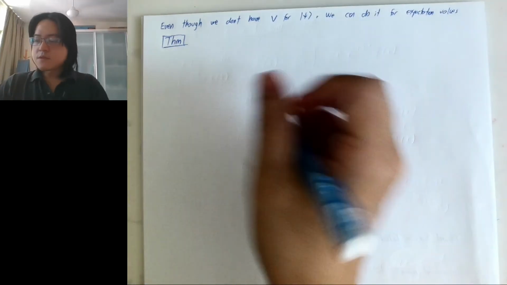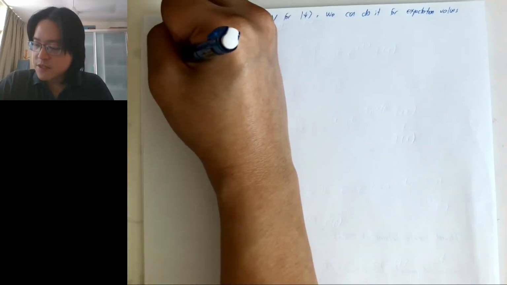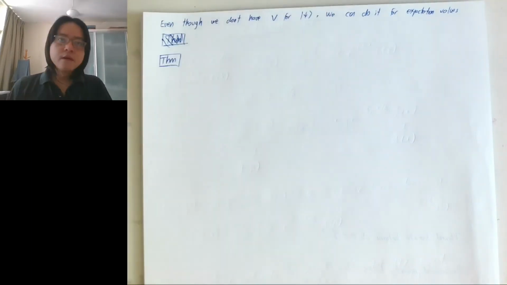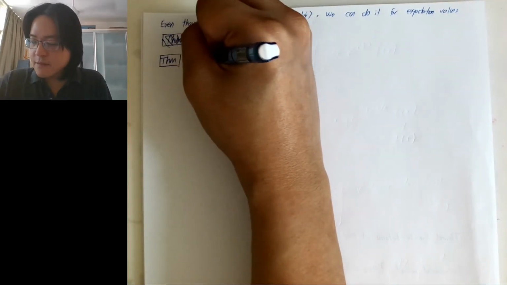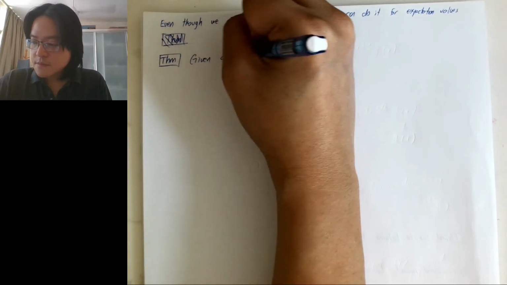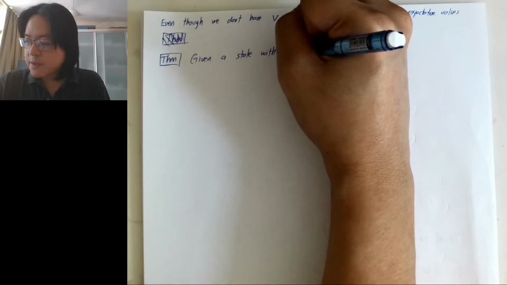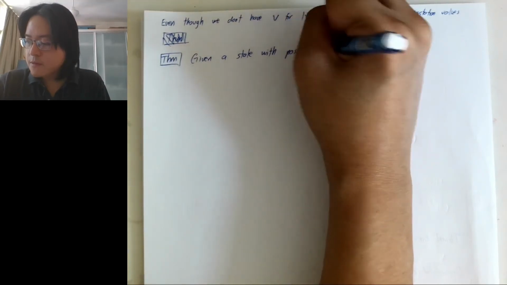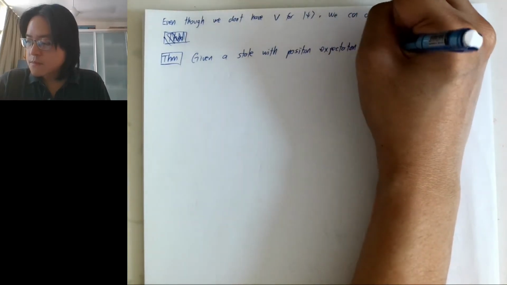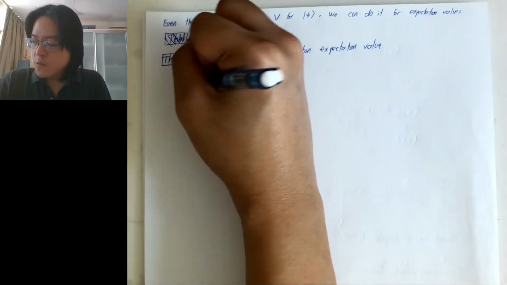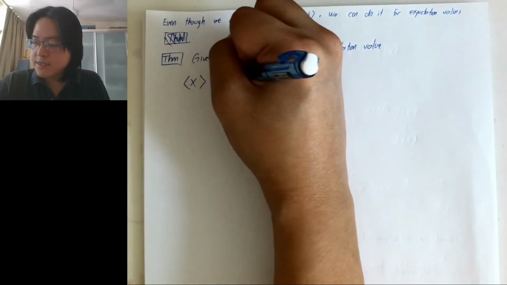Okay, so in other words, let's make a bit of space here. So shift this down a bit. There's a theorem that says that given a state with position expectation value, well, what is the expectation value if I measure a position of a particle given some state, right?